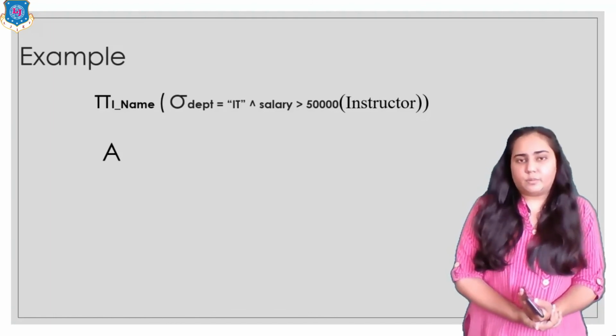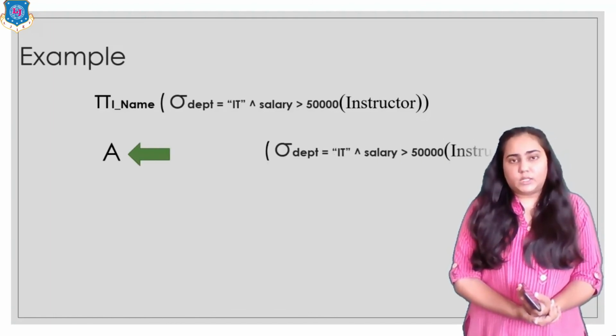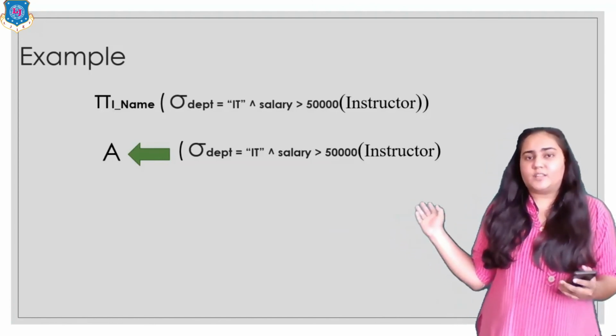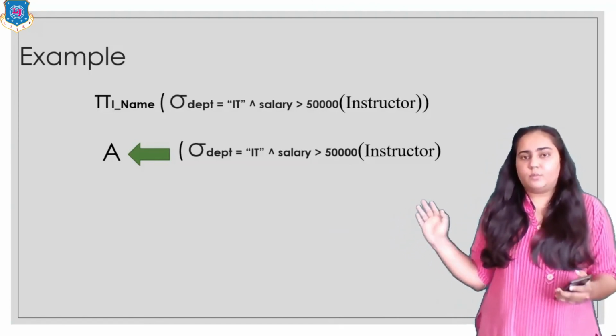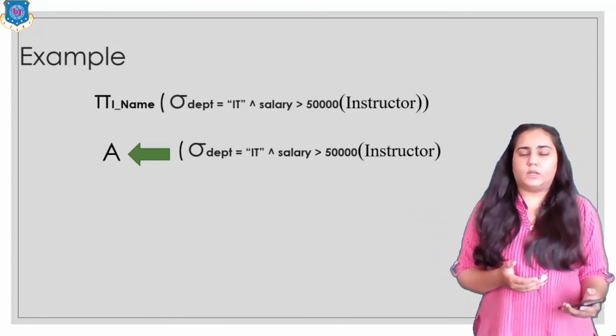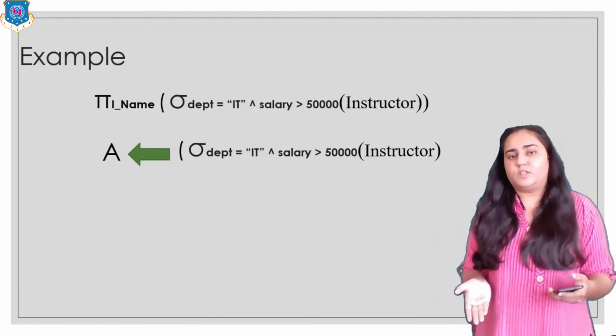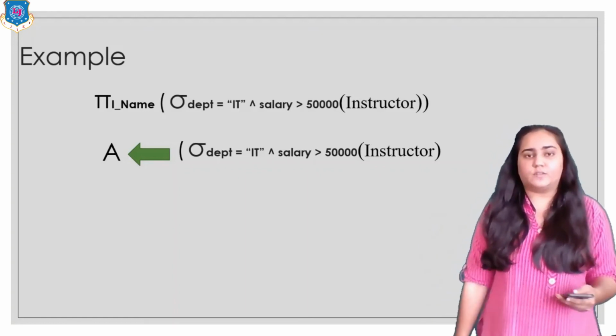I will use a variable A, and within it, I will store one part of my query, which is the sigma part. So this sigma part will only fetch the rows where department is IT and salary is greater than 50,000.